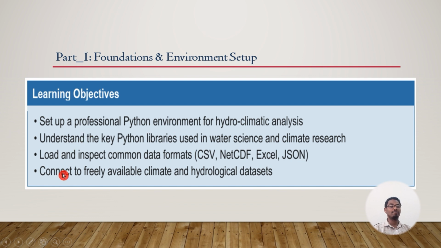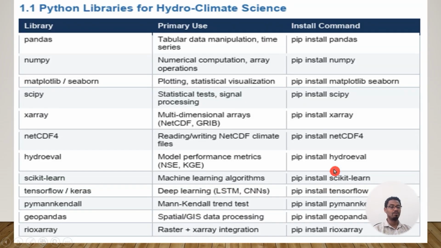Python libraries for hydroclimate data science are not only these, but these are the main ones. You will use Pandas to analyze and manipulate tabular data. For example, you may have data within Excel or in CSV files. You will use Pandas to import the data and analyze it.